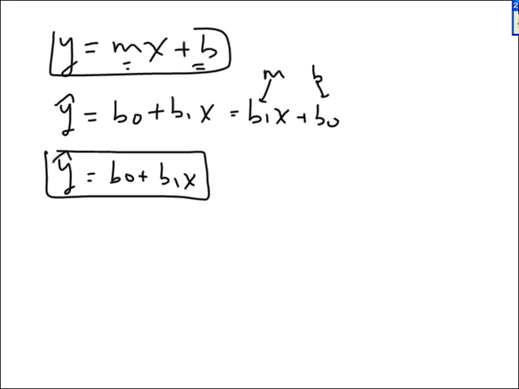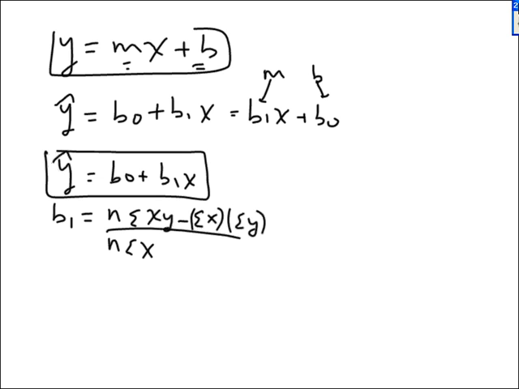Now, what is b1 and what is b0? Well, b1 is a bit complicated. b1 is n times the summation of xy minus the summation of x times the summation of y, divided by n times the summation of x squared, very similar to the formula for r, minus the summation of x, all squared.